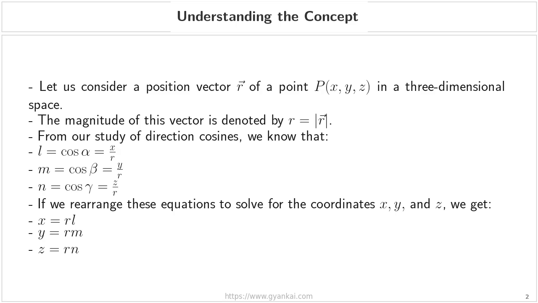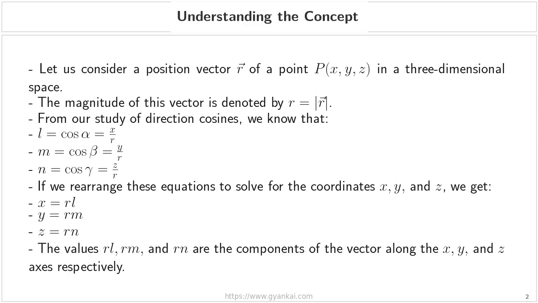Here is the key part. If we rearrange these equations to solve for our coordinates x, y, and z, we find that x equals r times l, y equals r times m, and z equals r times n. Notice that these resulting values, r times l, r times m, and r times n, represent the components of our vector along the x, y, and z axes.